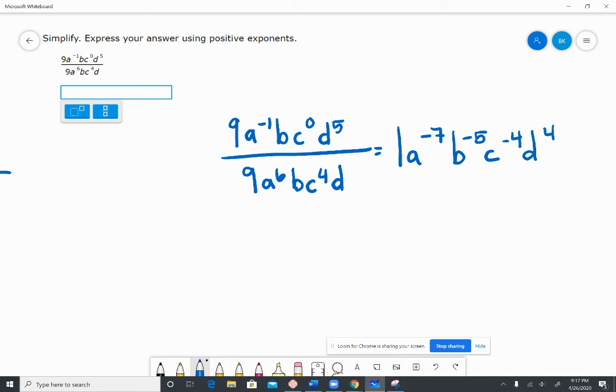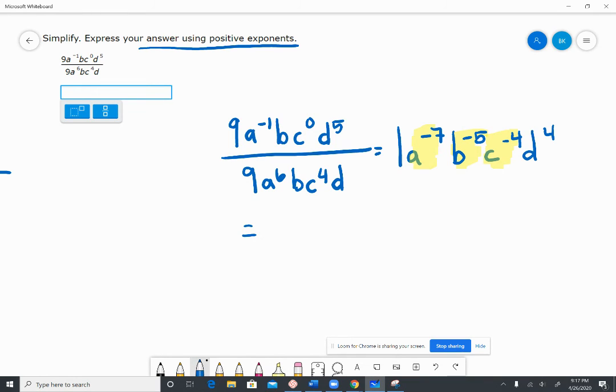And we are not done because, again, we need to express it in positive exponents. So whatever is not positive is going downstairs. Okay, so we like to send all of the negative exponents downstairs with their bases. So A, B, and C are all being sent downstairs.